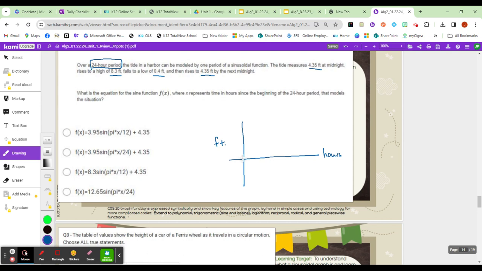So what I did is I went to 8.3 would be the highest. I didn't even make this perfectly. I just went up to 8.3. My lowest is 0.4. And then 4.3 would be in the middle. 4.35.